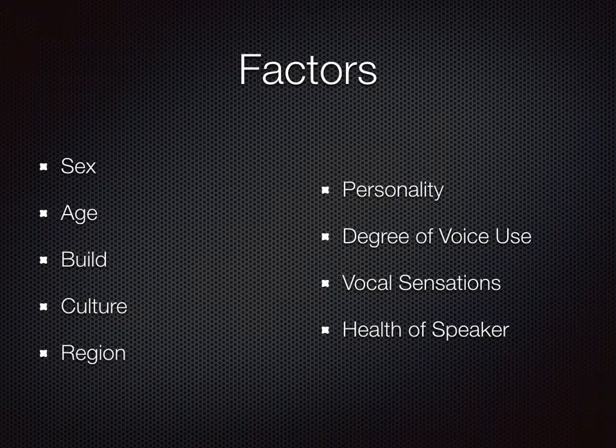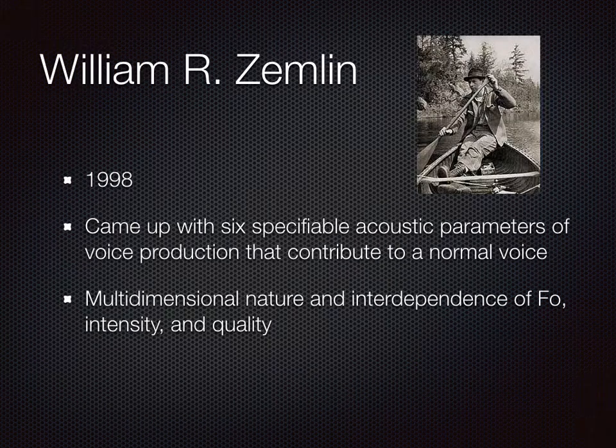There are also many different factors that can determine the parameters which we are measuring. These factors are sex, age, build, culture, the region in which a person is from, their personality, degree of voice use, their vocal sensations, and also the health of the speaker.